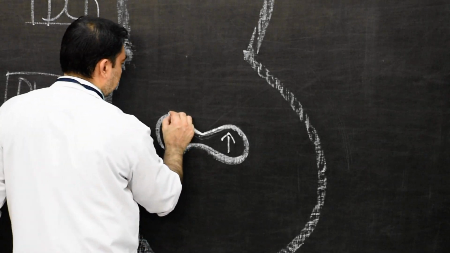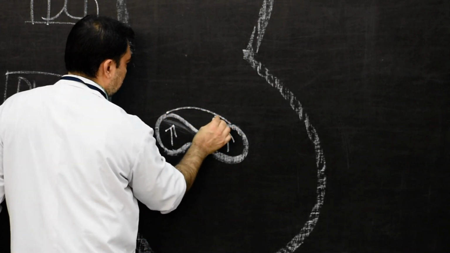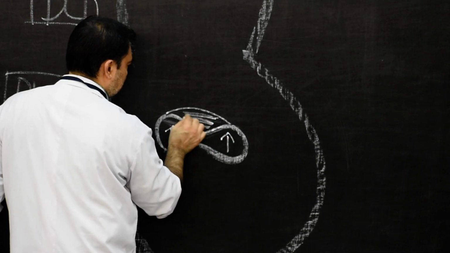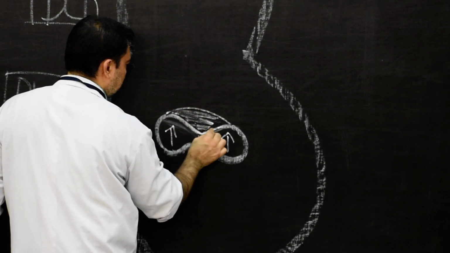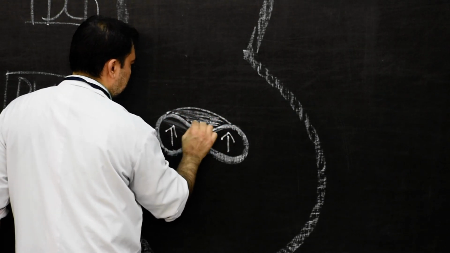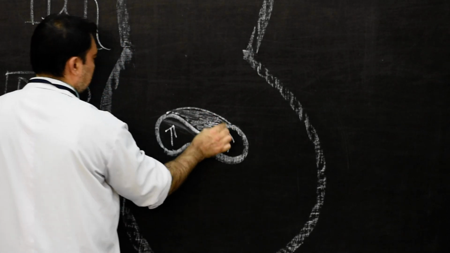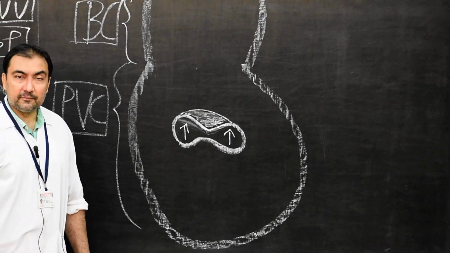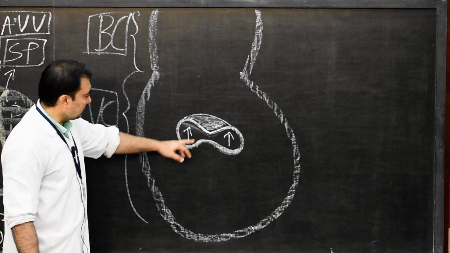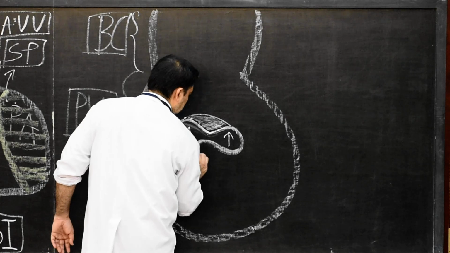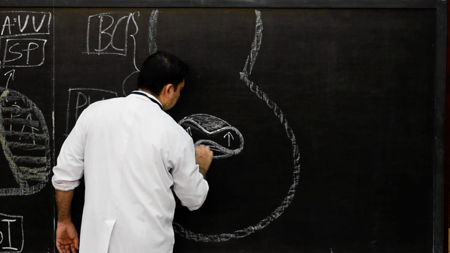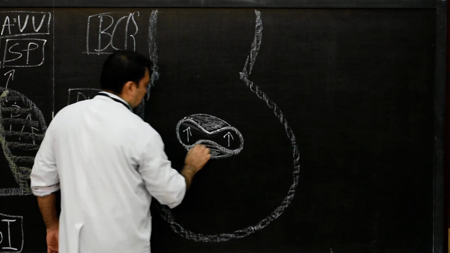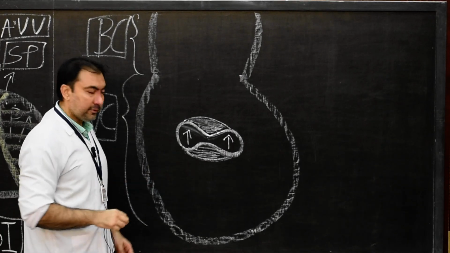Now here, if I draw simply, I am putting color in the ventral cushion of septum intermedium, the ventral cushion of the atrioventricular valve, and here I am drawing the dorsal cushion of the atrioventricular valve.